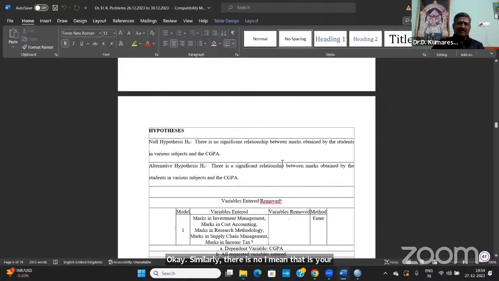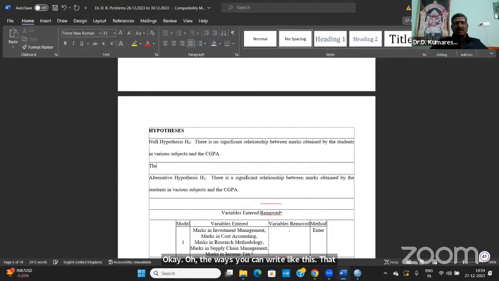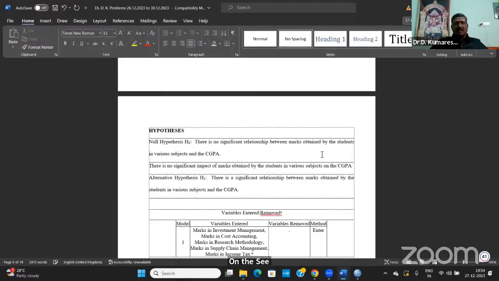Or otherwise, you can write like this: there is no significant impact of marks obtained by the students in various subjects on the CGPA.